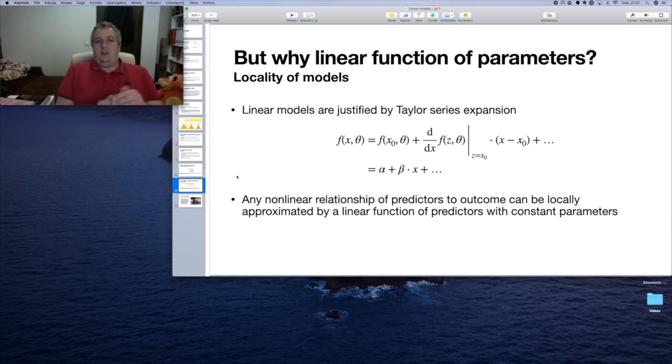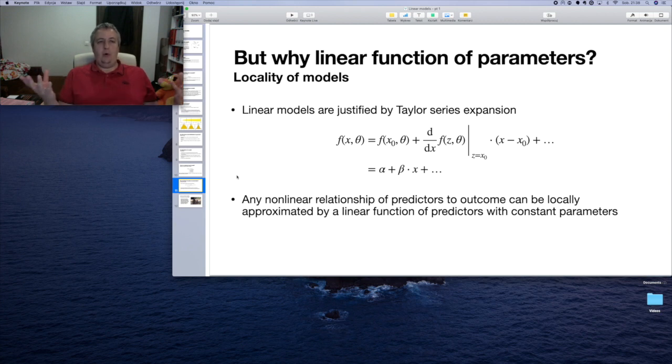And why is this linear function actually so good? Because we could expect that everything is nonlinear, and this nonlinearity is true. Life is nonlinear. Every aspect that you know to be linear is linear only in a certain range of application.